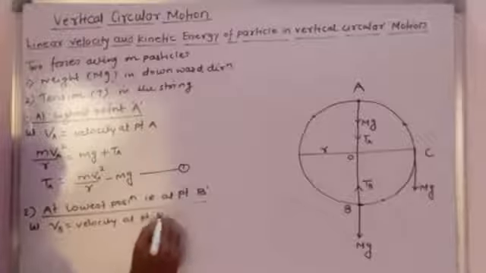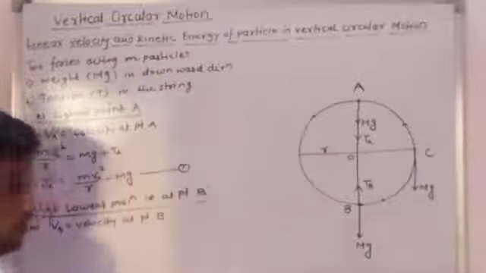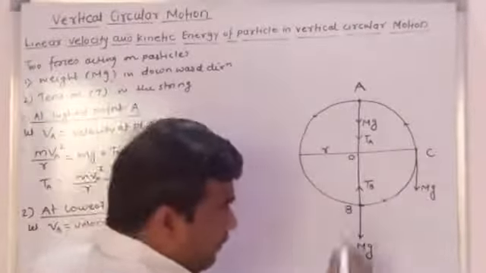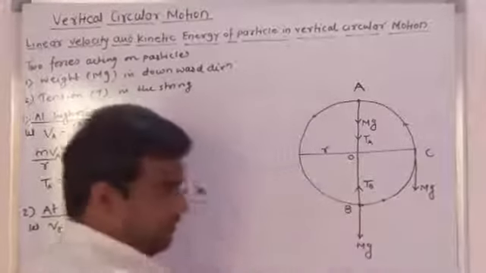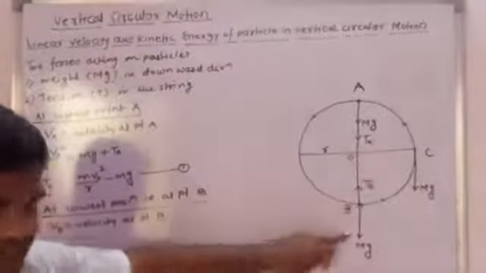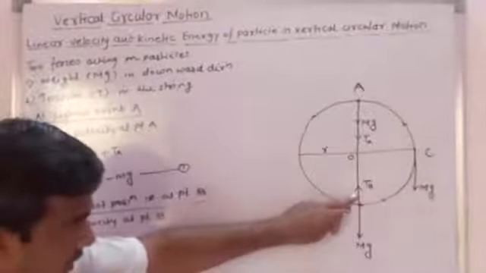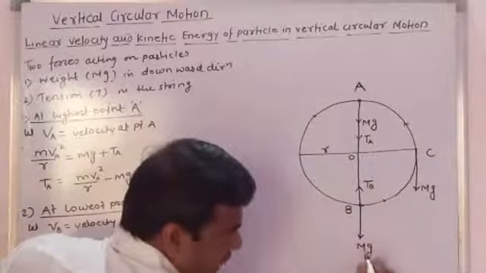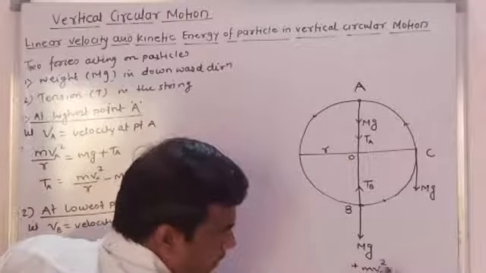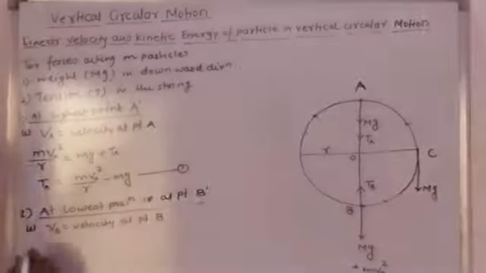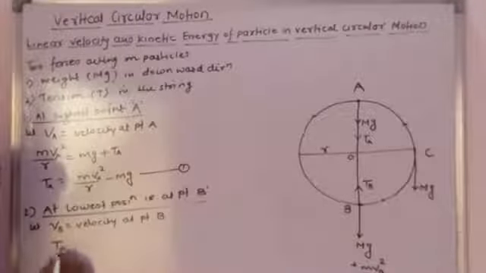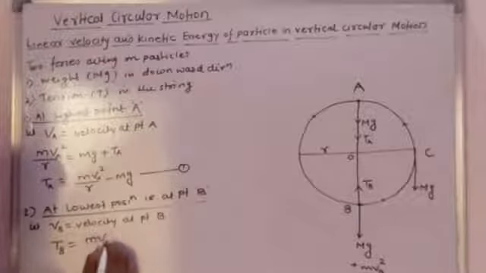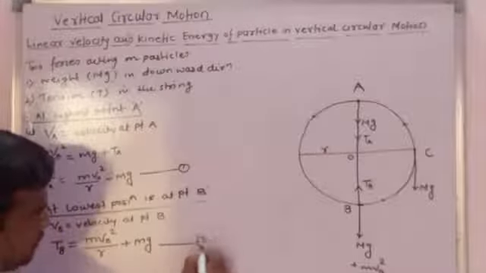The centripetal force is directed away from the center, in the downward direction, and the tension Tb is directed along the radius towards the center. Therefore the resultant of these two forces, mg plus m Vb square by r, is balanced by Tb, and therefore Tb is equal to m Vb square upon r plus mg. This is equation number 2.